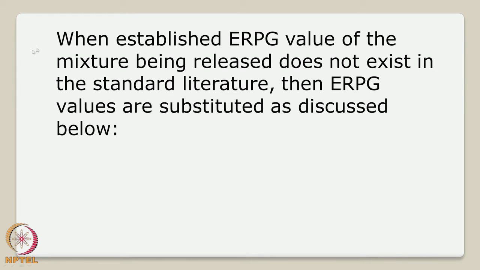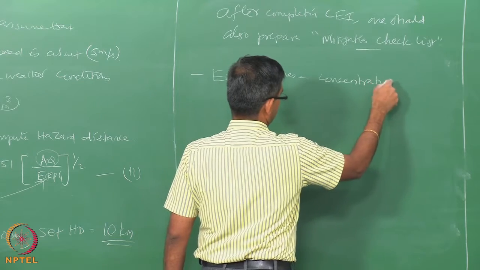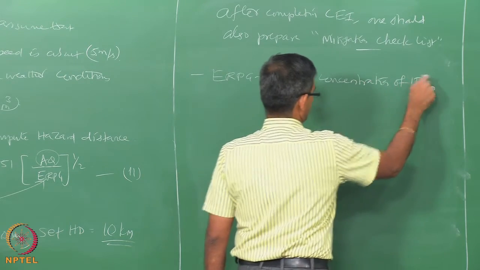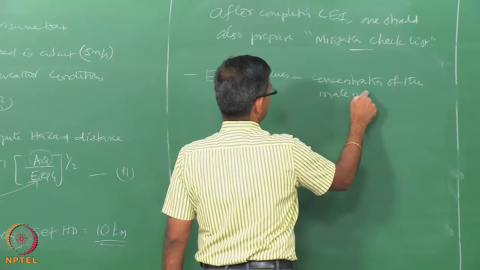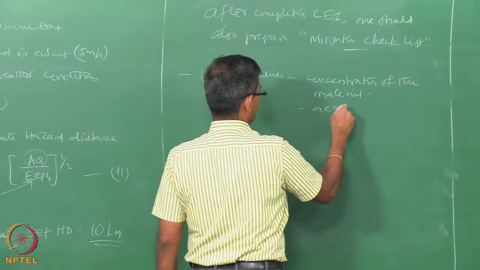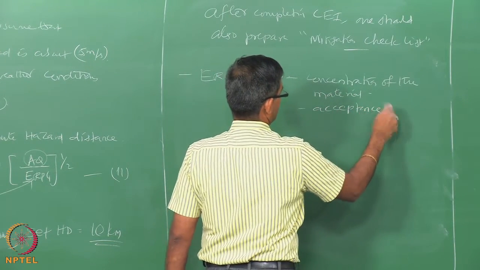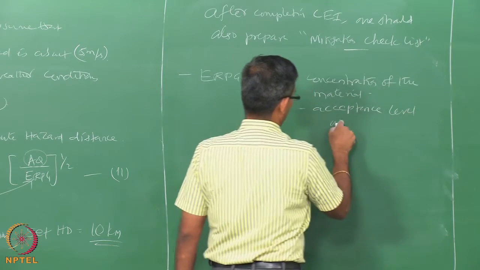Now, there are further discussions about these ERPG values, because ERPG values actually talk about the concentration of the chemical or the material in terms of its acceptance level on humans.